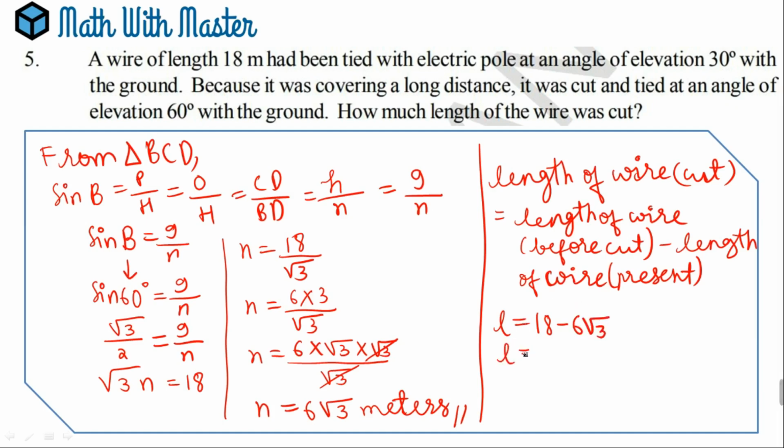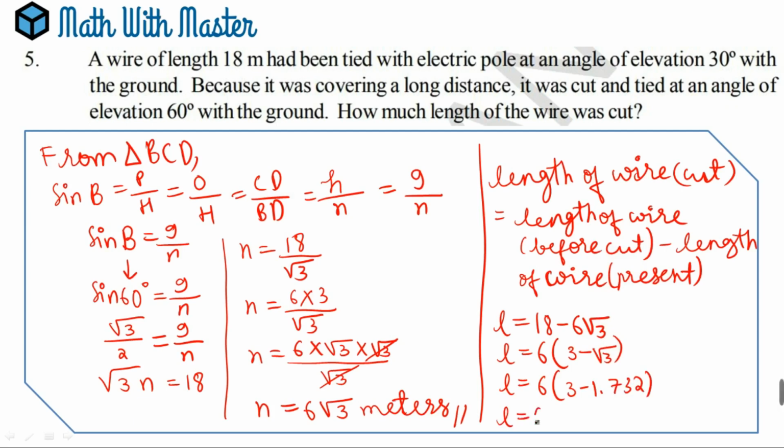So if we take 6 common from here, we will get 3 minus root 3. And we will get L is equals to 6 into, instead of root 3 we can write 1.732.